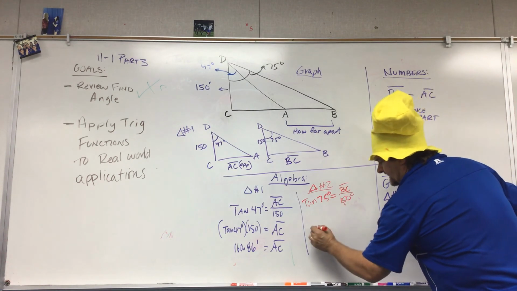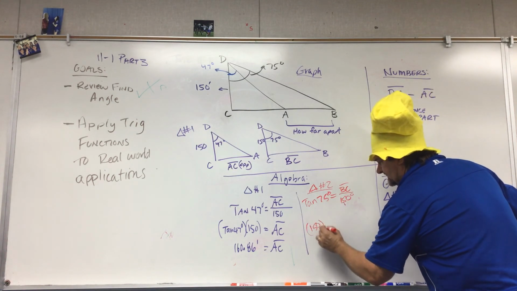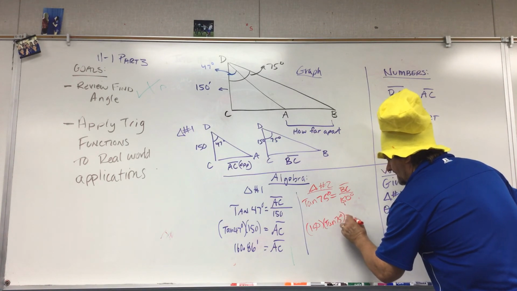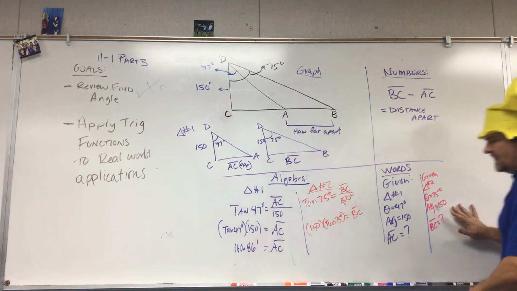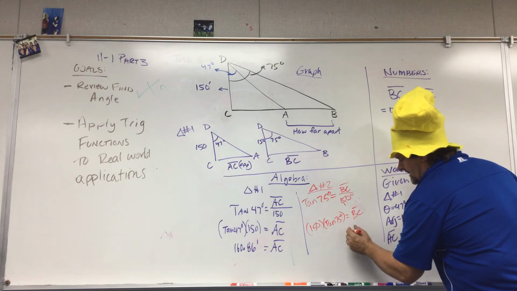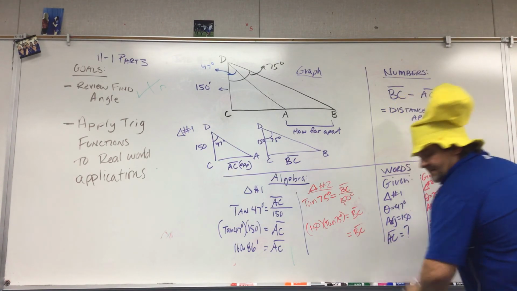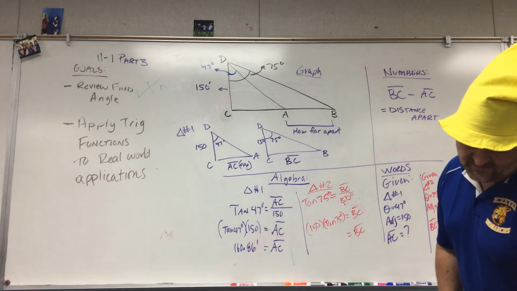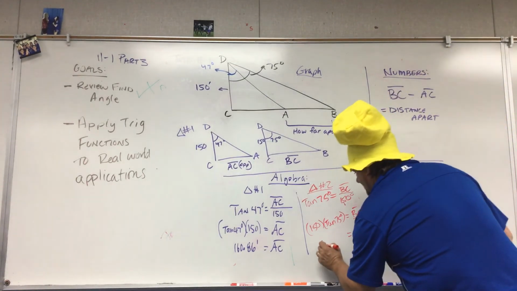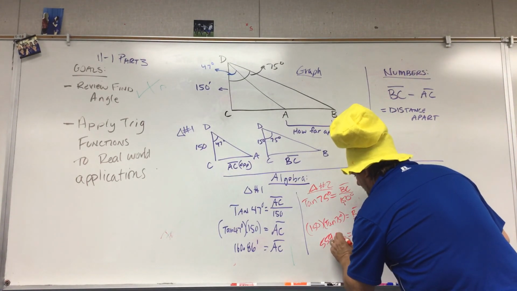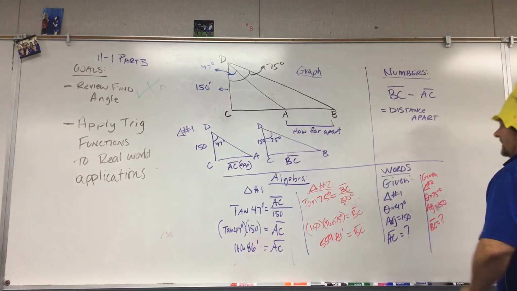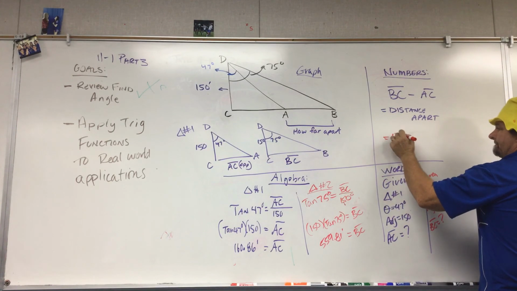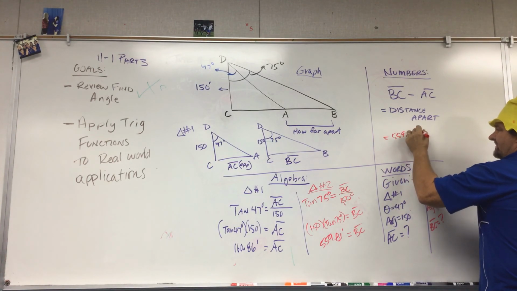Multiply that times that gives us the length of BC. Once we plug it into the calculator, Desmos, whatever calculator you want, it's going to be 559.81 feet. So BC is 559.81 feet.